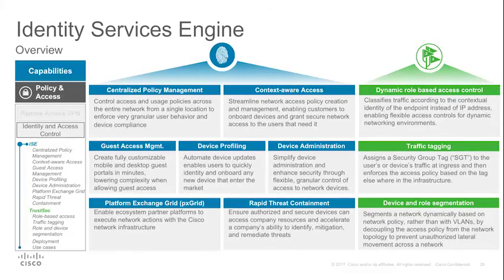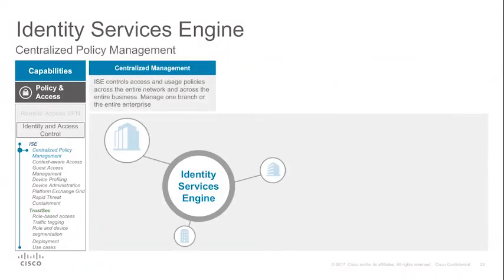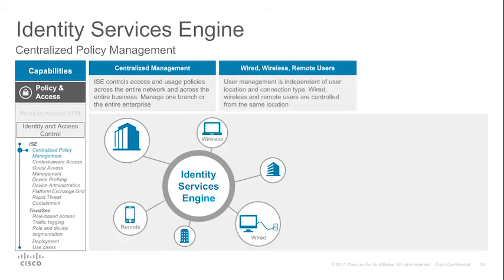First is ISE's centralized policy management, which is also the management platform for TrustSec. Centralized policy management controls access and usage policies across the entire network from a single location that can be managed either on-site or off. Customers can control individual branches or the entire business. In addition to campus control, ISE provides management capabilities over all users, regardless of connection type.